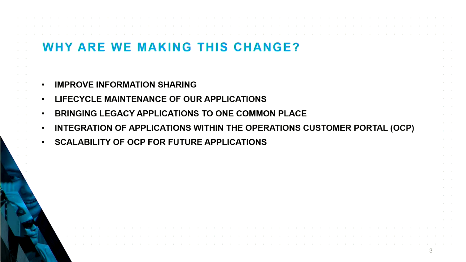Hey, everybody. So I'll start off by covering why we are making this change. Some of the key things that we're pulling in is that this improves information sharing. So the Operations Customer Portal program is part of our system operations strategy to improve the way that information is shared between the industry and system operator.